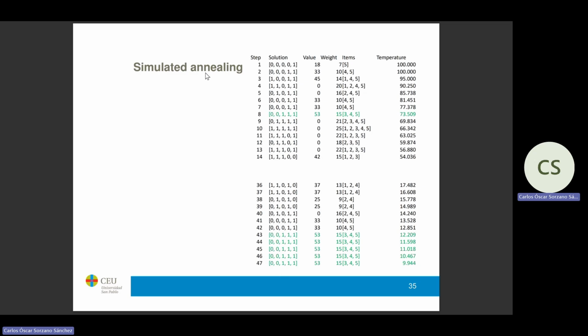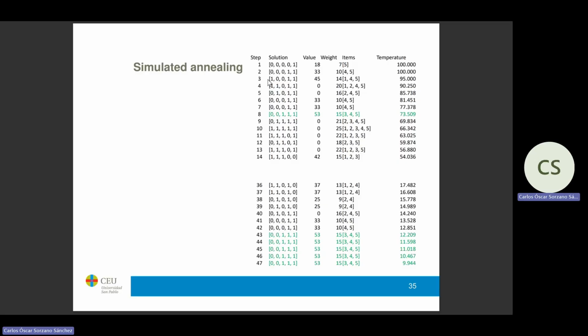So let's try the simulated annealing with our problem. We start with a solution, and this is the value, this is the weight, and this is the temperature. We start with a very high temperature, 100,000, and then we compute one neighbor, that is this one. It is better, so we simply keep it as the next state.